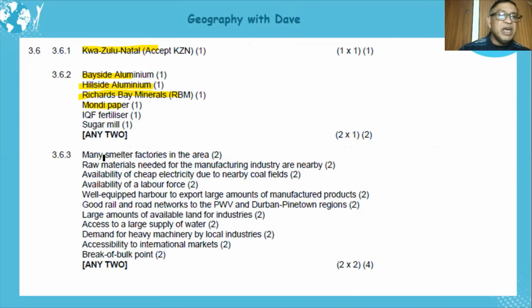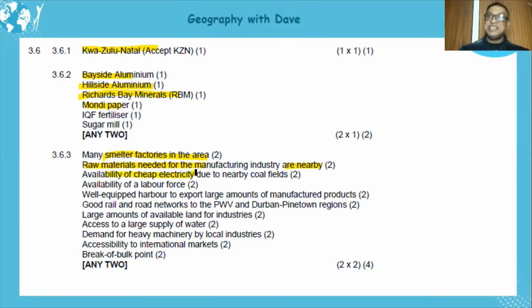Okay, let's look here. Many smelter factories in the area. Oh, all right. Let's look at the other answers. Raw materials needed for manufacturing are nearby. You would have done that. It has a good amount of raw materials. Sugarcane, titanium, whatever is there. Can you see it? So I could answer that.